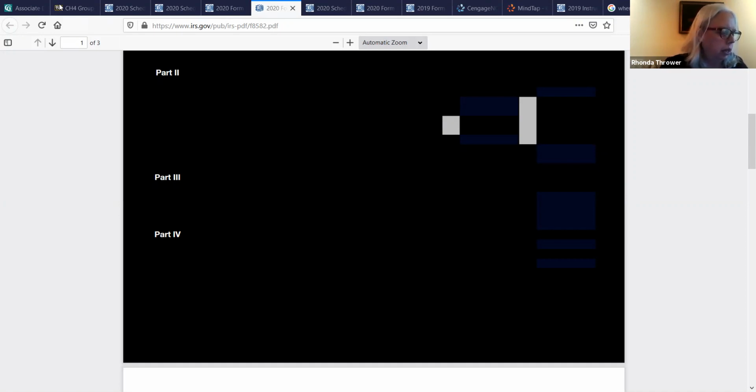That amount would then flow through to line 1D. And this is a negative amount here, so it needs to go in parentheses.